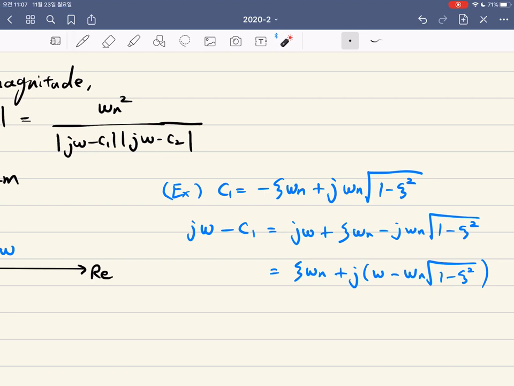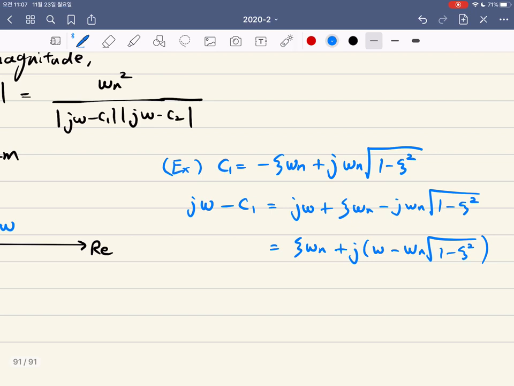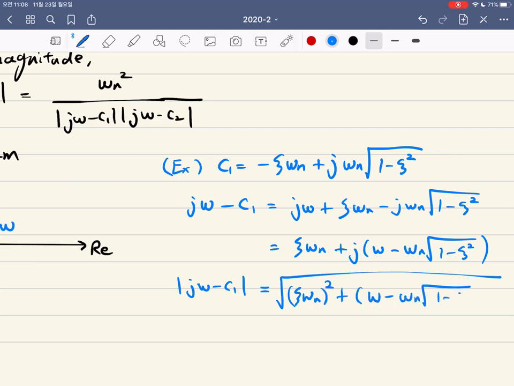Therefore, to obtain the magnitude with this rectangular form, you will have to do the square root of the real part squared plus the imaginary part squared, like this.